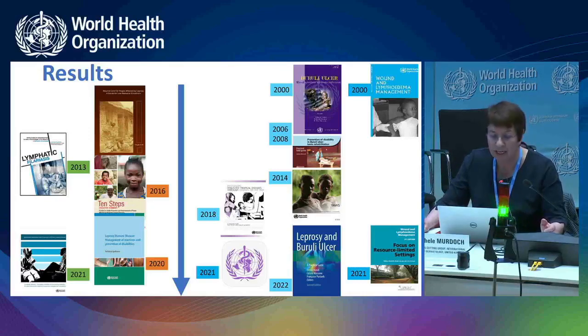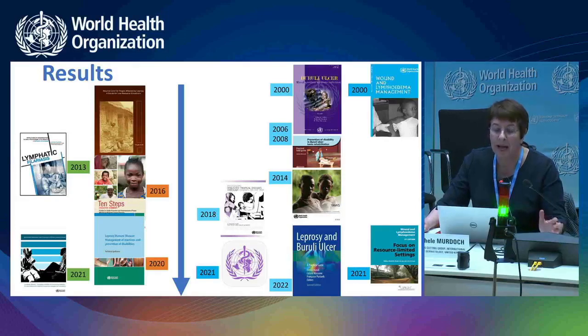In addition to these disease-specific tools, we have some more generic ones with the Linda Lehman Holistic 10 Steps for Wounds. And over on the far right of the slide, we have general wound and lymphedema management with an updated version at the bottom of the slide there in 2021. And also at the bottom of the slide, that blue book on both leprosy and Buruli ulcer, a practical guide, was published last year, but that's not free.